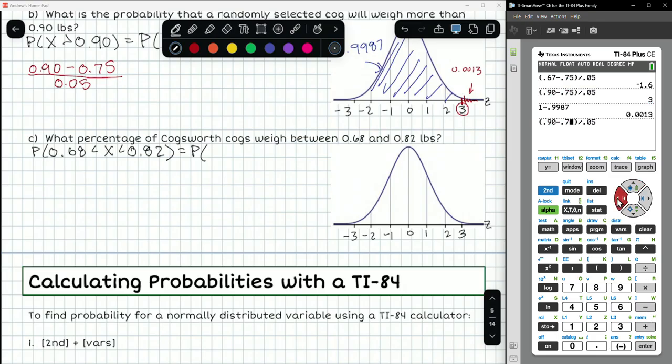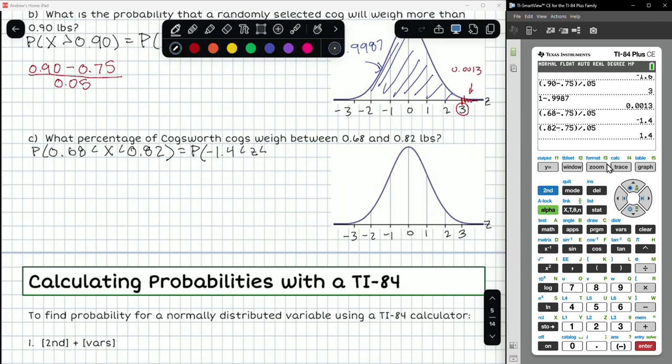So 0.68 gives us negative 1.4. Less than Z less than, and then I need to do 0.82. And I get 1.4.